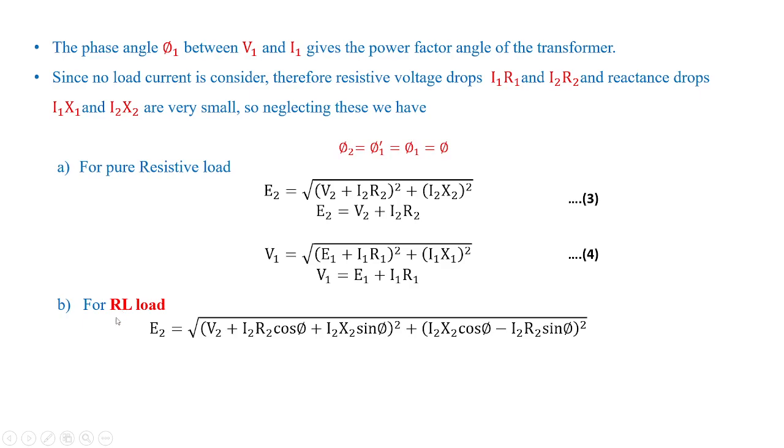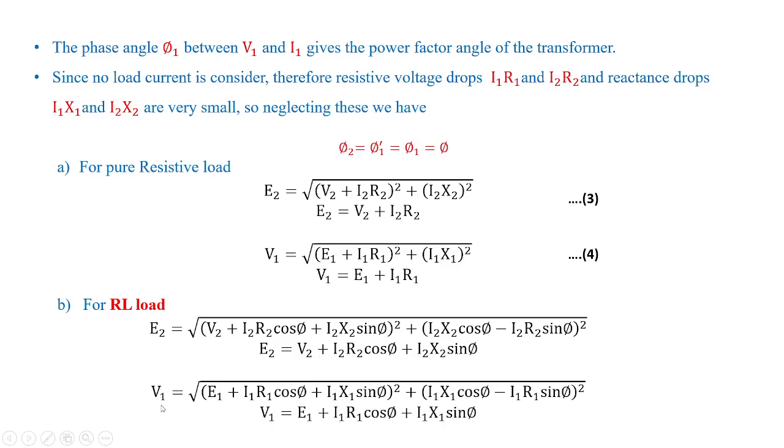For the RL load, the E2 value will be equal to the square root of, since we are trying to get the magnitude value, V2 plus I2 R2 cos phi plus I2 X2 sin phi, whole square, plus I2 X2 cos phi minus I2 R2 sin phi, whole square. So the real component and the imaginary component are separated and the magnitude is estimated. When the small drop is neglected, E2 will be equivalent to V2 plus I2 R2 cos phi plus I2 X2 sin phi.